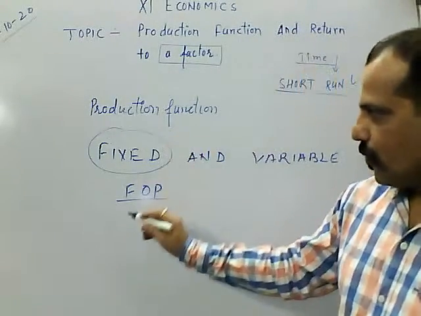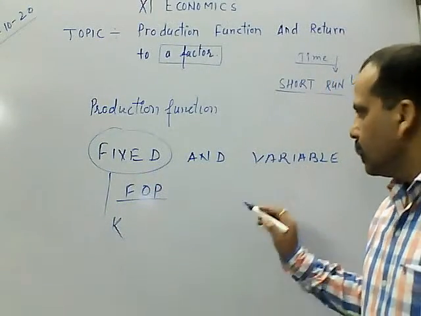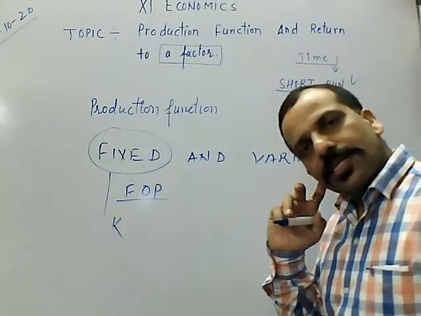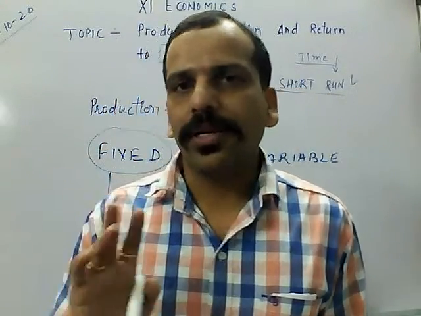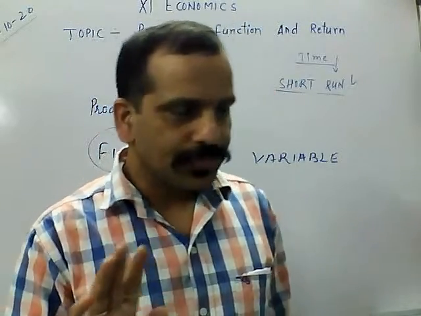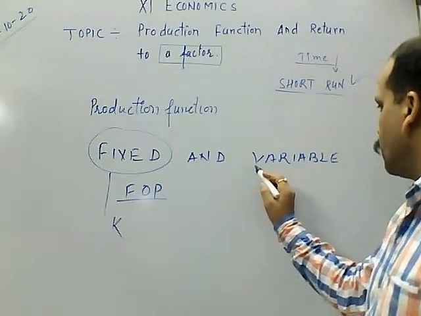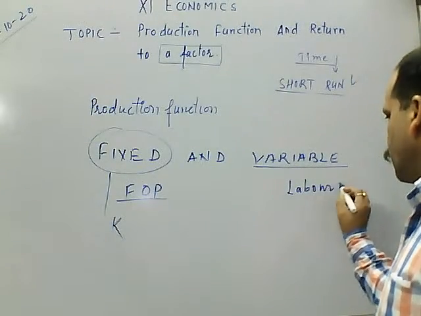So in the fixed, generally we talk about capital. Actually, we are taking two things in this chapter: one is labor, another is capital. We are more concerned and focused on capital and labor. Got it? On the other hand, when you talk about the variable factor, then we are concerned with labor.